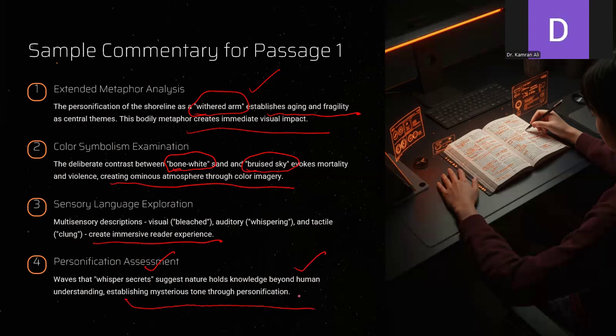So you need to understand that this is how you're going to write a commentary. If you simply identify the devices and you don't focus on the meaning, you don't focus on the impacts, or the effects being created by the writer, and you don't comment on that, you won't be getting good marks. In fact, you will be at a lower tier.